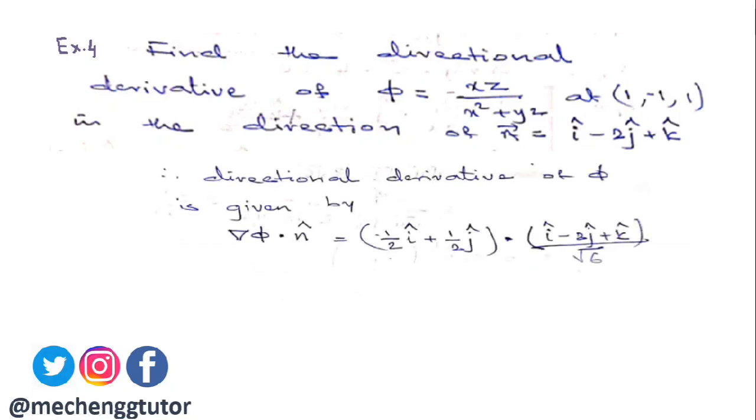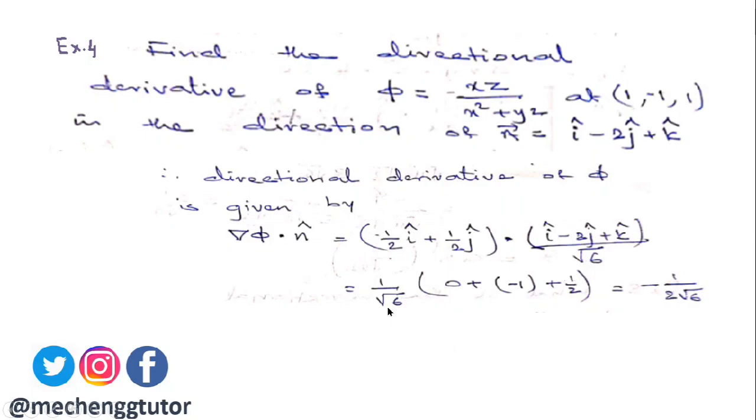Therefore, the directional derivative is given by del φ dot n cap. So del φ at the given point (1, -1, 1) we have calculated, that is half j plus half k, dot (i minus 2j plus k) upon root 6.